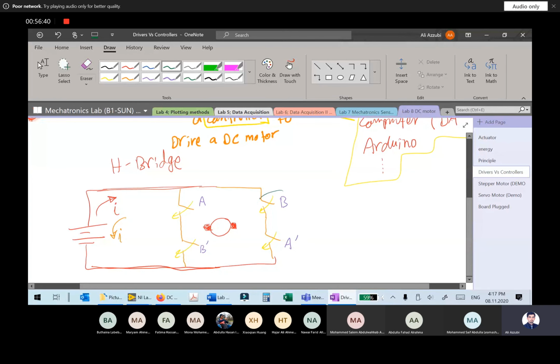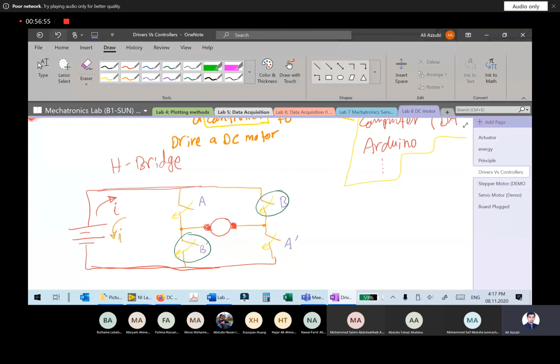If I close B and B prime, what's going to happen? The current will flow like this, from here, going here and here. Let me actually close them.